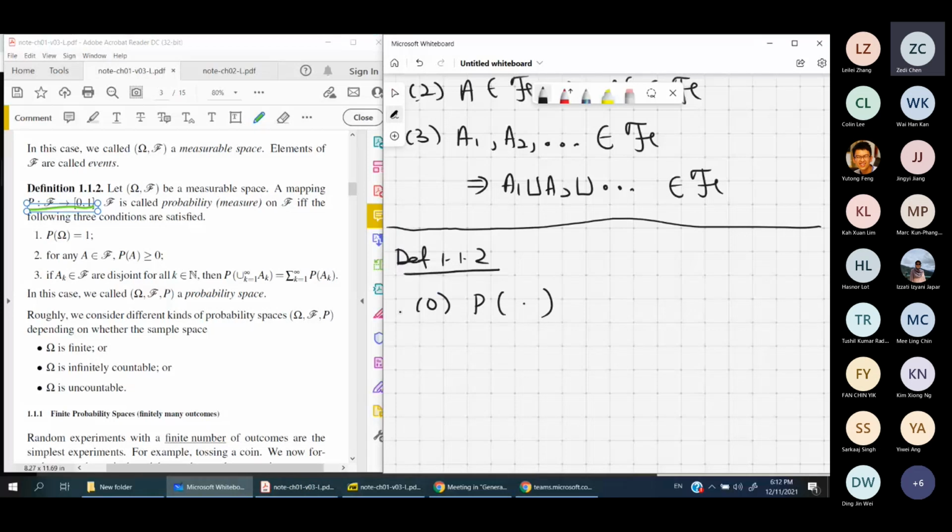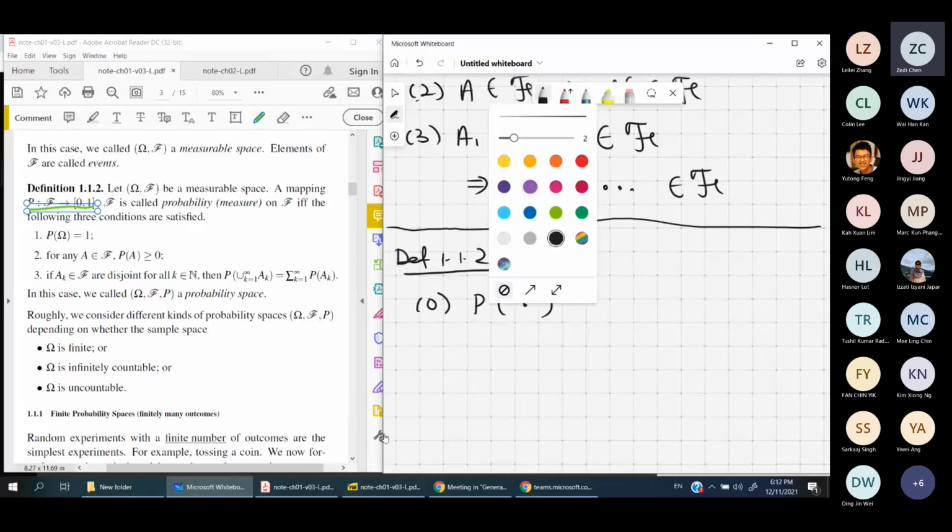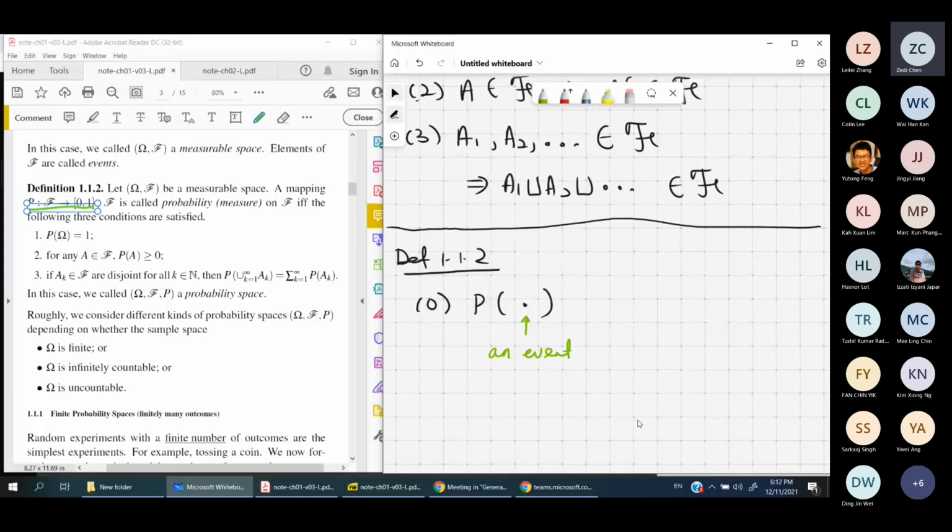Here there must be something where we associate an event, it has to be an event, we associate an event to a number.